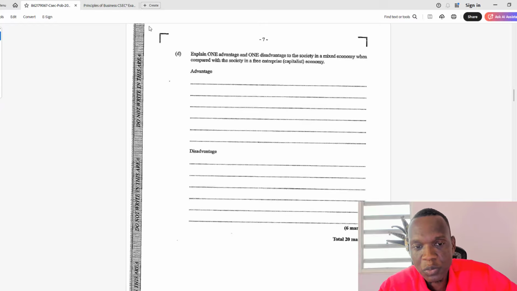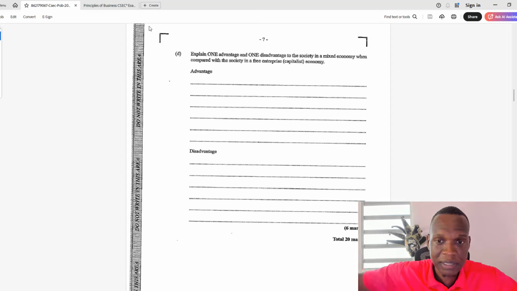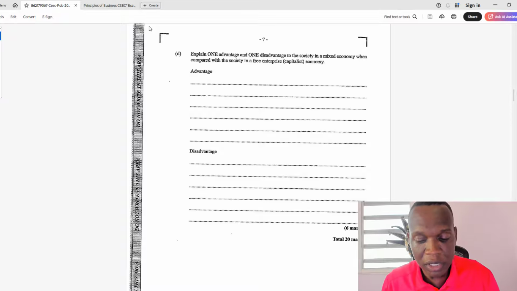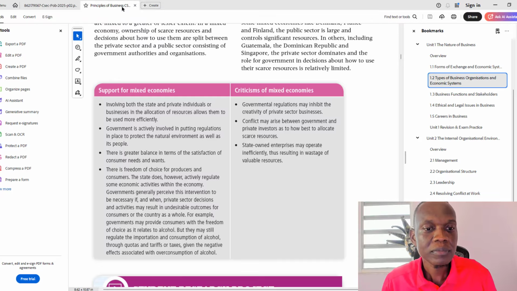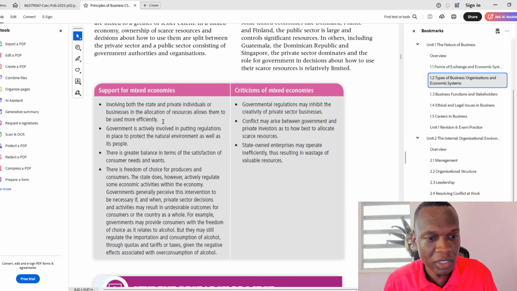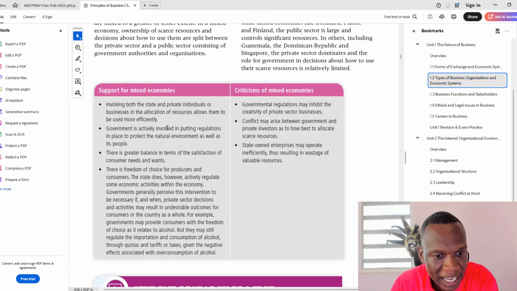And so there might be a case where there is not a production of certain things because it's not profitable to the private sector, and so they don't produce it at all, because in the capitalist system it's all about dollars and cents. So the advantage is that the government is there to put laws and rules in place to protect consumers from businesses, as we can see here. Involving both state and private individuals or businesses in the allocation of resources allows them to be used efficiently. Government is actively involved in putting regulation in place so that people don't get taken advantage of.